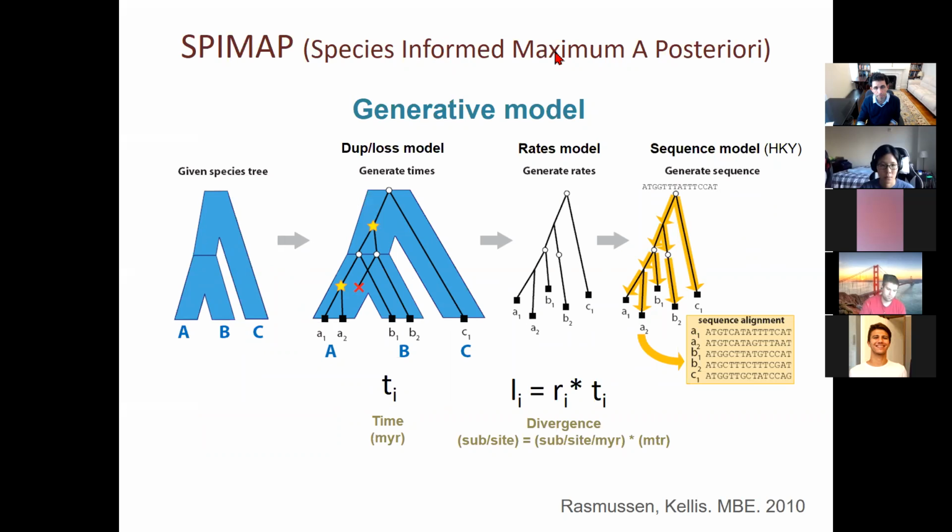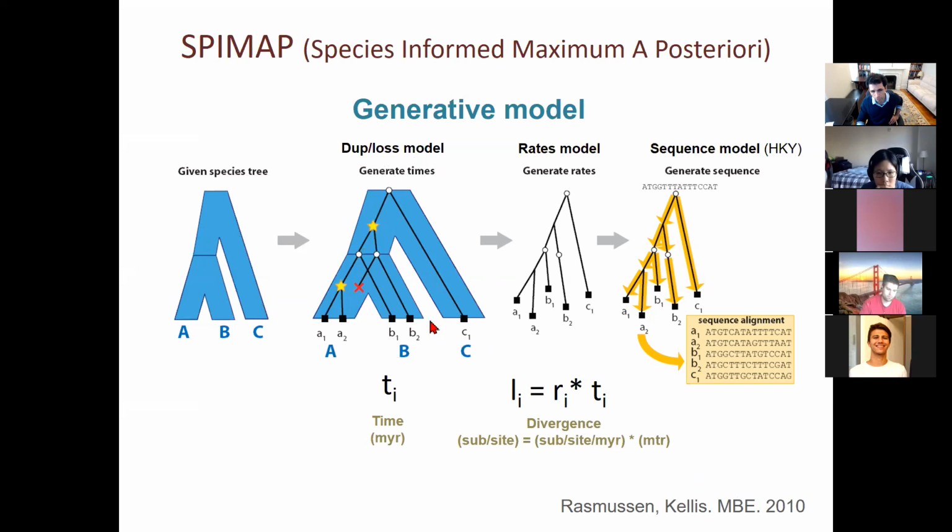So what we're going to be building is this species-informed maximum a posteriori method, or SPIMAP. Okay, and this is work that Rasmussen and myself developed in Molecular Biology and Evolution in 2010. So given a species tree, we can build this generative model that has a duplication and loss model that infers times of divergence and times of duplication and times of loss.